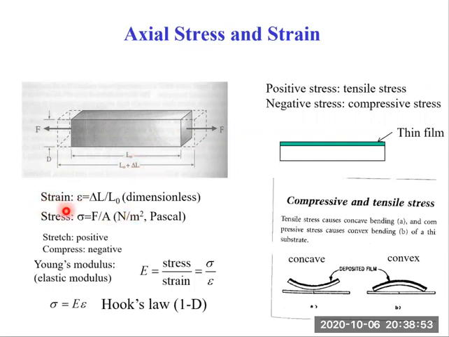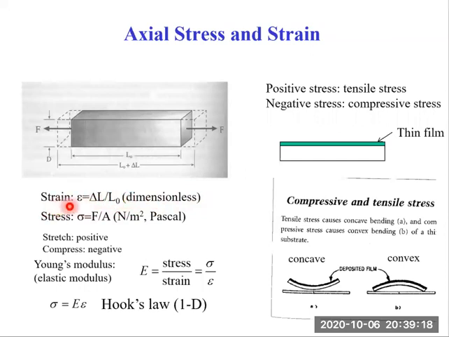And the mechanical strain, epsilon, is defined as delta L over L naught, or the normalized length change. This quantity is dimensionless, no unit, because meters cancel with each other.